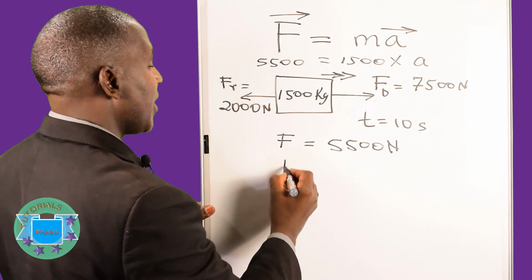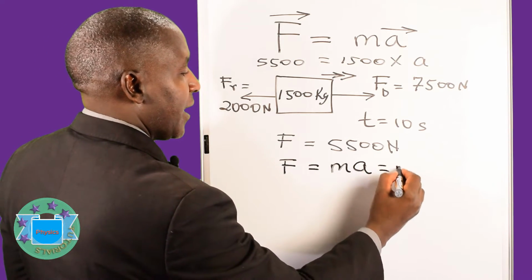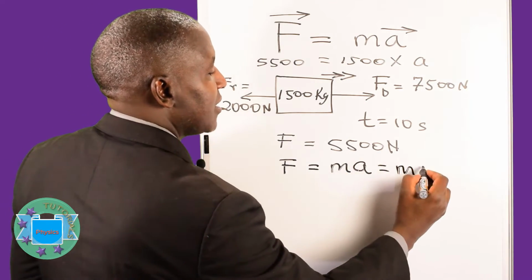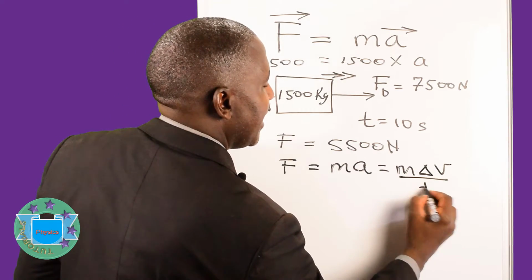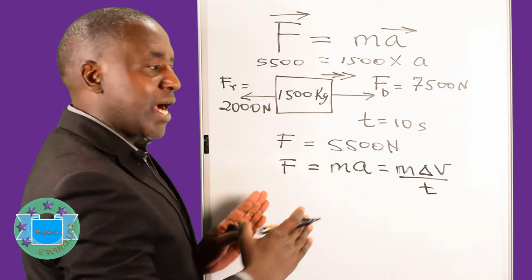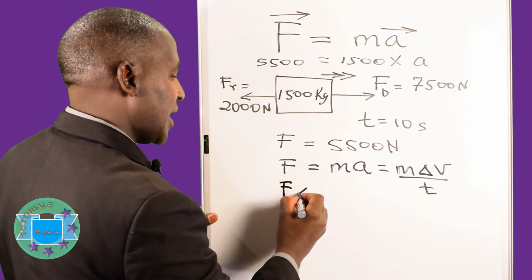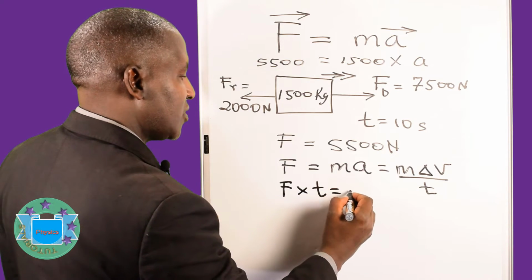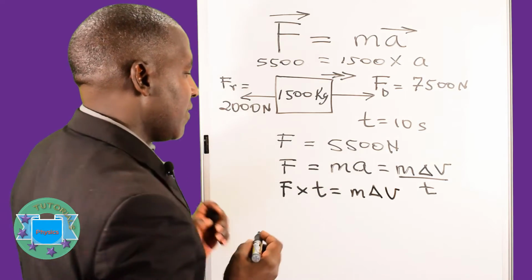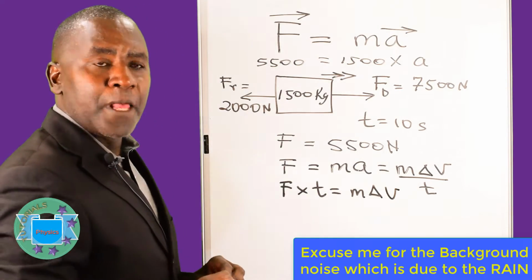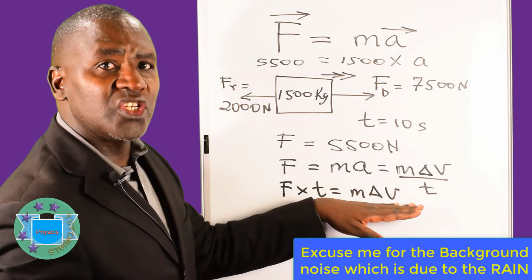Now, if this force is acting on this object for 10 seconds, let's break down this equation. F is equal to ma and see what it gives us. This is change in velocity divided by time. If I multiply both sides by t, I'm going to get F times t is going to be equal to m delta v, like that. What I have on the right hand side is change in momentum.